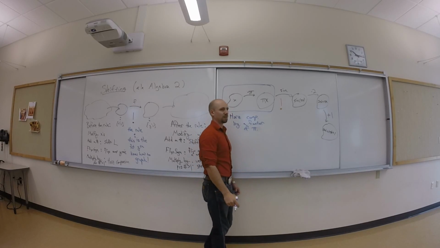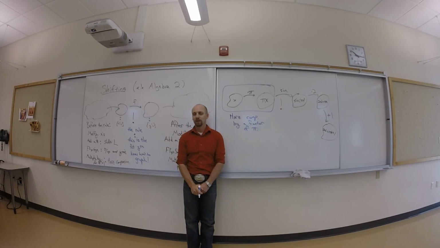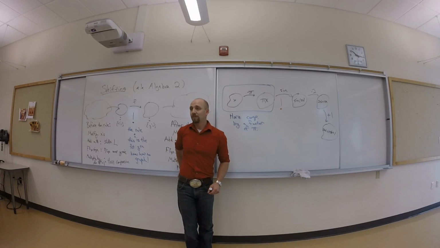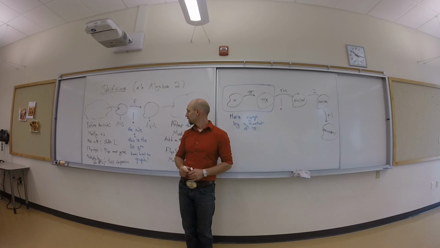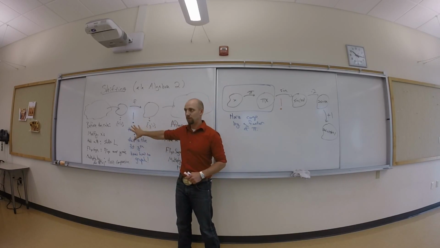You guys see that? Okay. All right. What's the next thing? It's my sine thing. That's my rule itself, so I don't need to worry about that. See that? Rule. Don't worry about that thing.